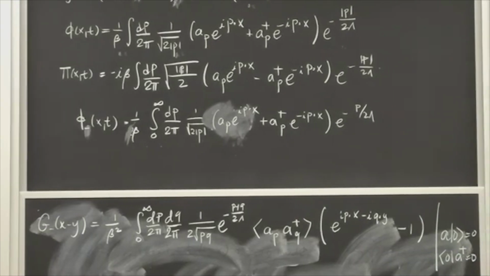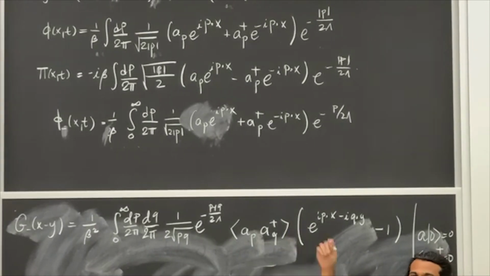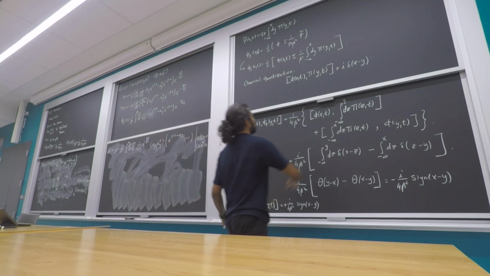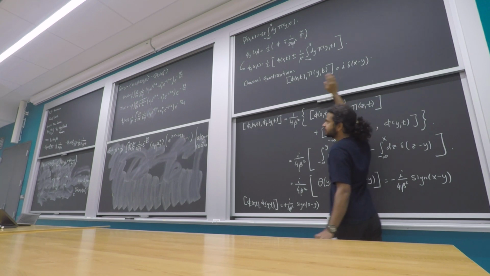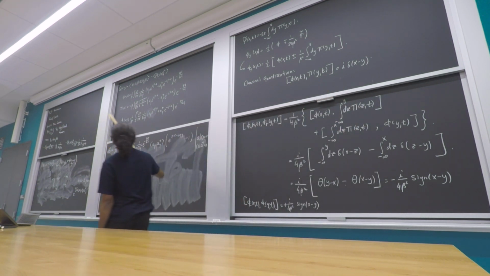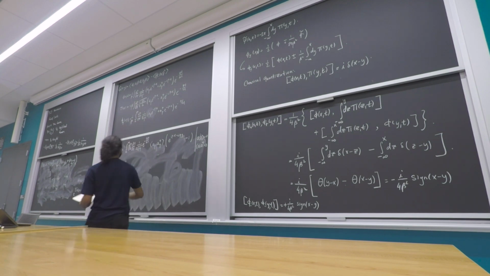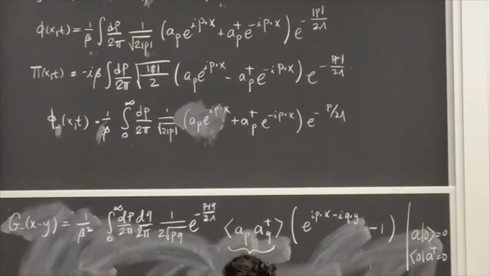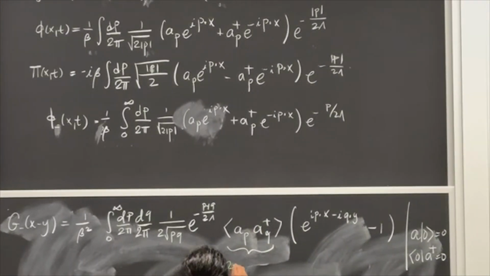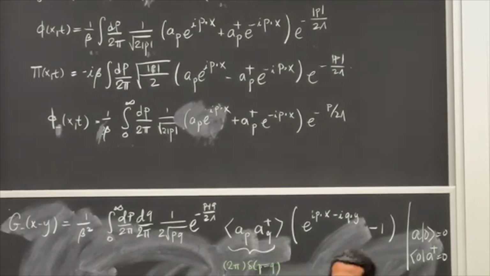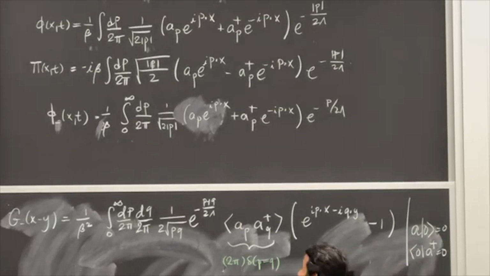That's why this is the only combination that will give you something non-zero. And if you follow up this quantization condition in these two relations, you will find that this is nothing but 2 pi delta(p minus q), the standard thing that we have all seen a million times already.